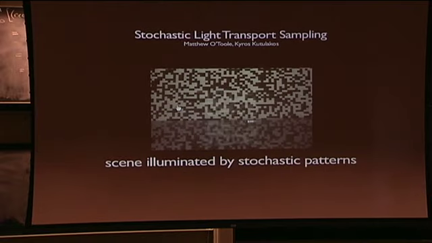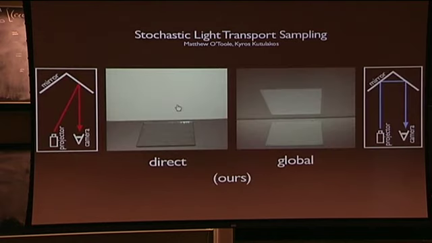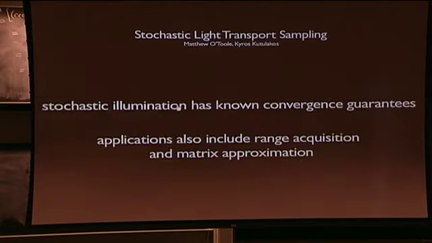But we can use stochastic illumination patterns instead to separate the direct and global results. If you notice here, the direct image doesn't include the light reflected off the mirror. I'll talk about how these patterns can be used for both range acquisition and matrix approximation.